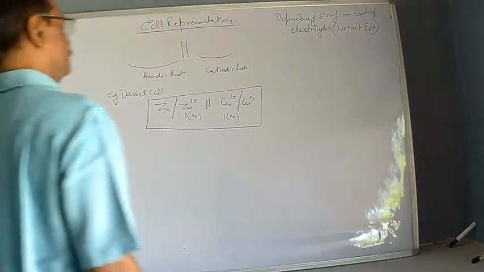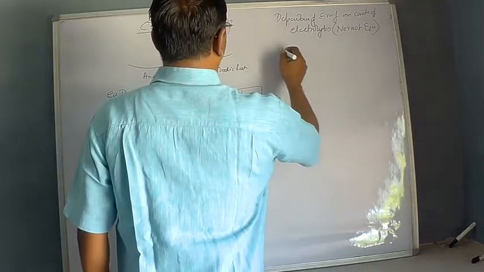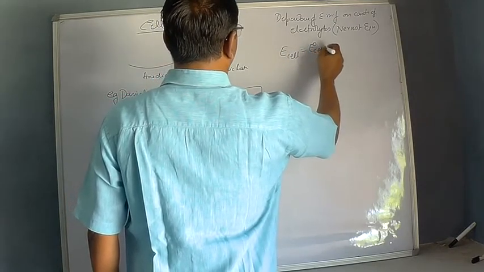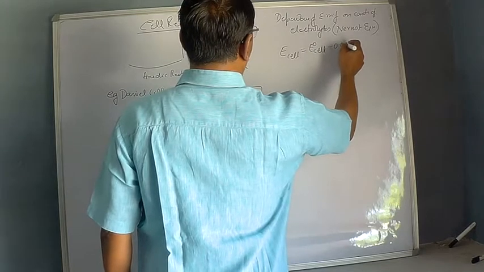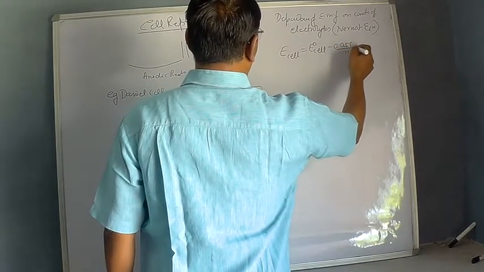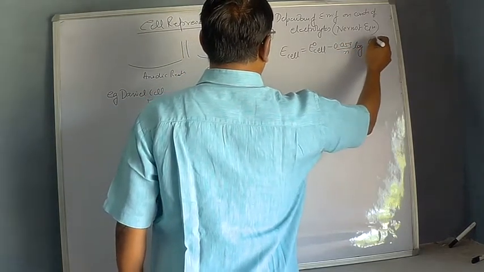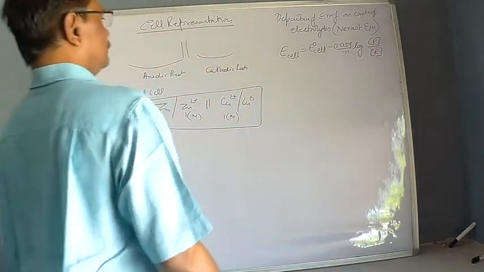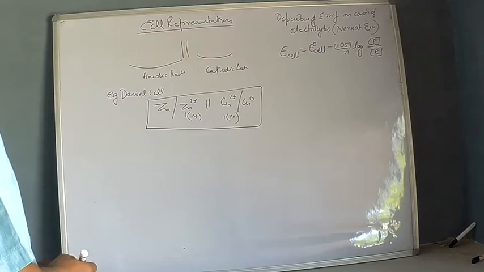What is the Nernst equation? E cell equal to E0 cell minus 0.059 upon n log product upon reactant. So this is the basic Nernst equation.